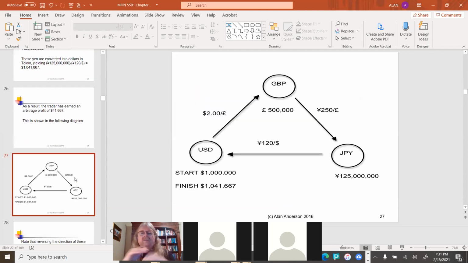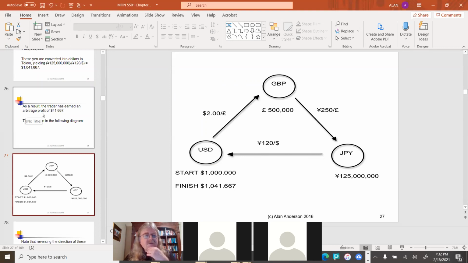Let me just jump ahead a little bit here. We're going to create this very special diagram where we have the United States over here, Great Britain, and in Tokyo here in Japan. Each of these circles represents a different market, and each of these legs of this triangle has a different exchange rate quote on it.